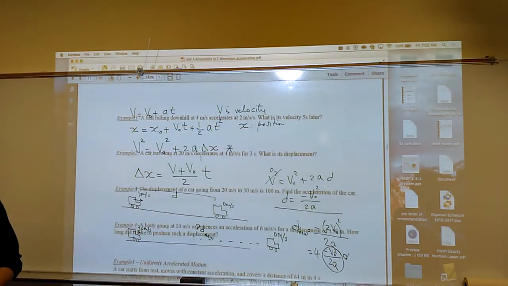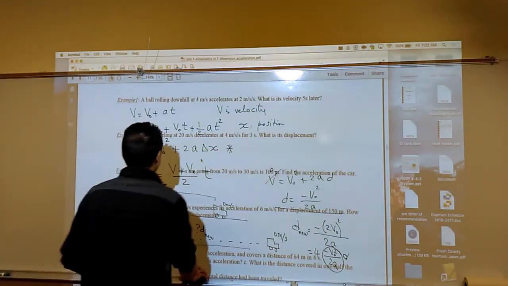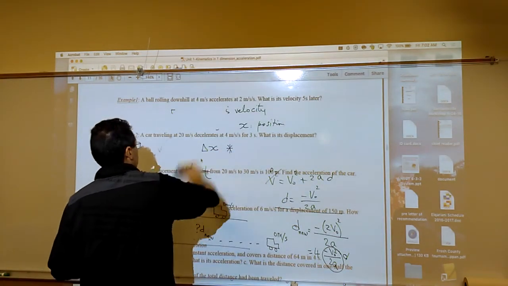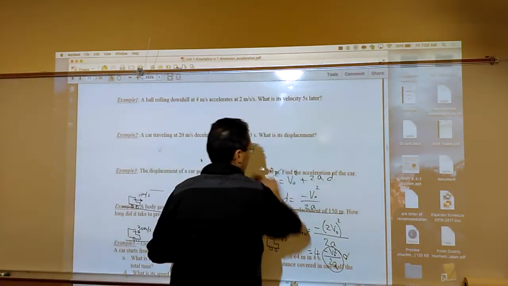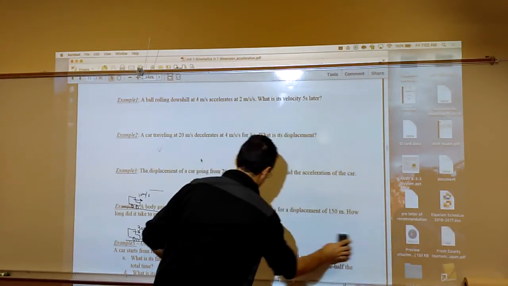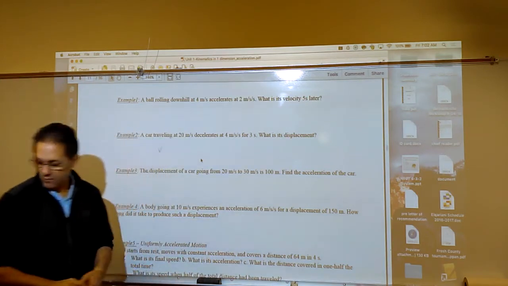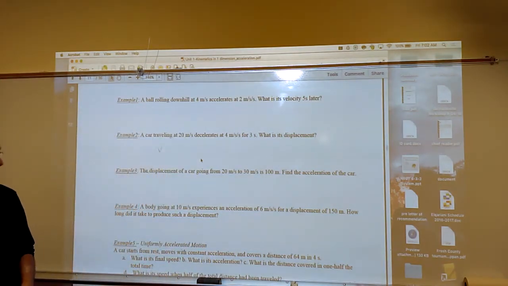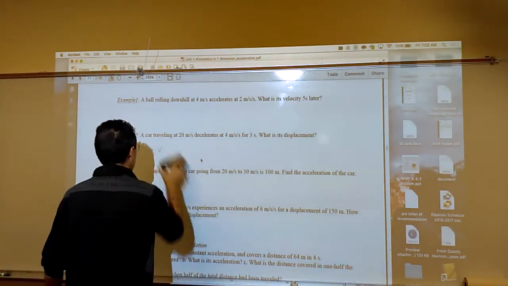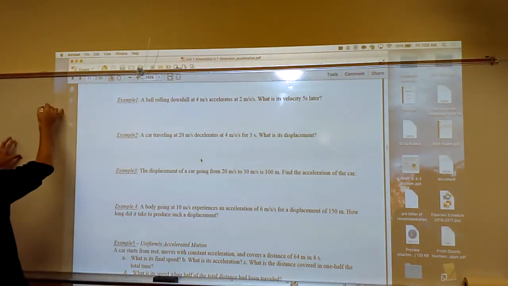All right, now let's do some problems. And always have the formula sheet with you, and let's figure out which one we're going to use. Okay, actually I'll write these formulas here.